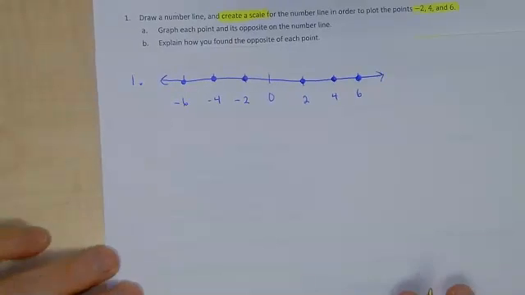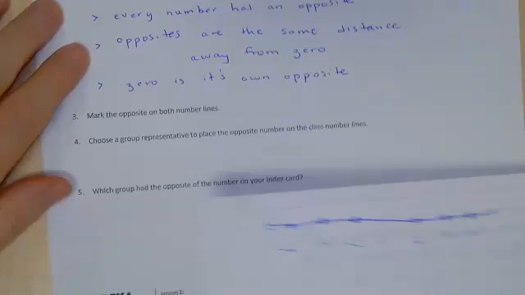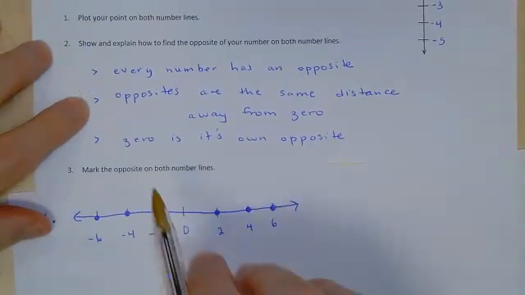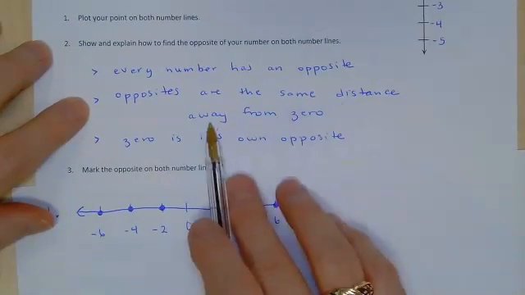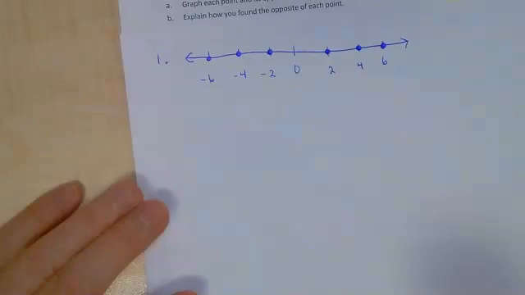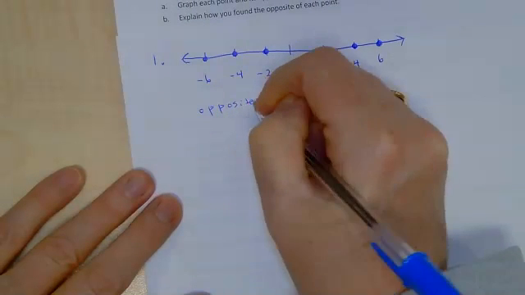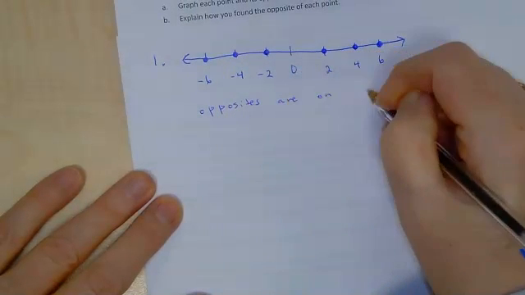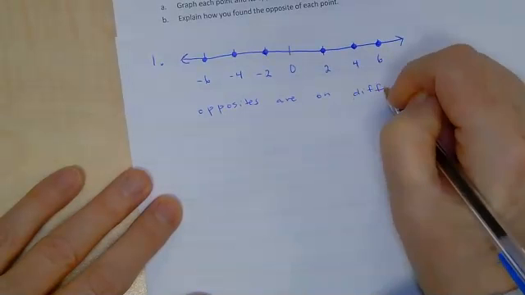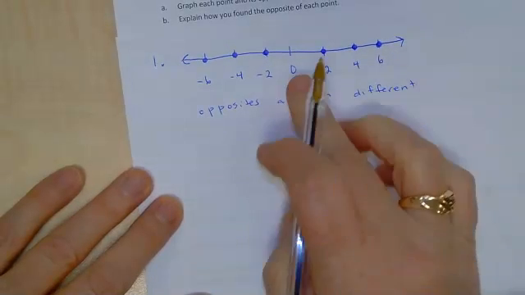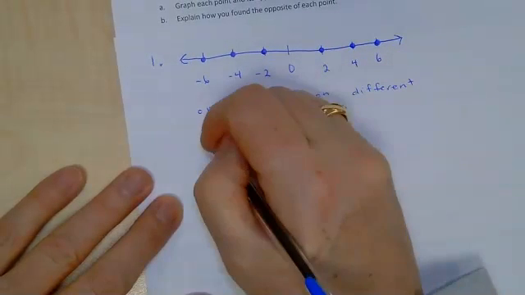Okay? Then the next question says, explain how you found the opposite of each point. So I'm going to go back to what we wrote over here. And the way you find an opposite is it's the same distance away from 0 on the opposite side of 0. So we're going to say opposites are on different sides of 0, right? One's on this side and one's on this side.